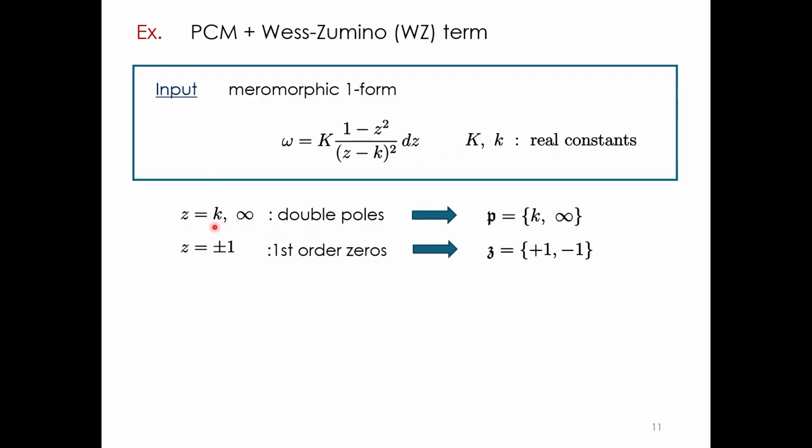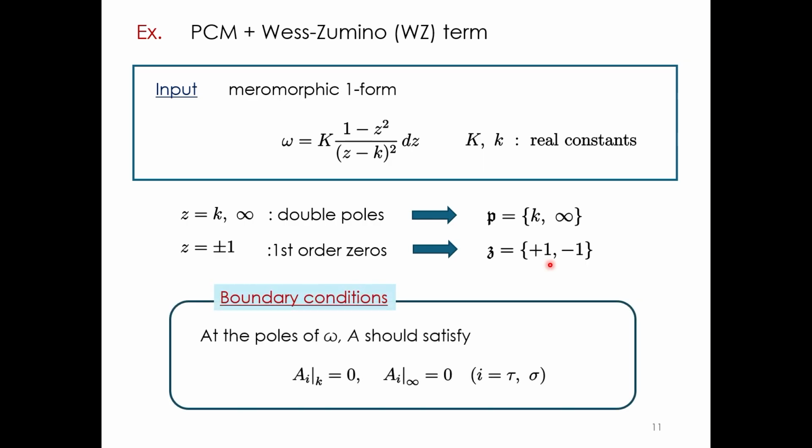Then z = K and infinity are double poles, so the set of poles P is given by this one. Then z = ±1 are first-order zeros of this ω, so the set of zeros G is composed of +1 and -1.